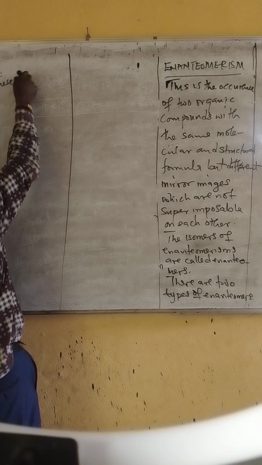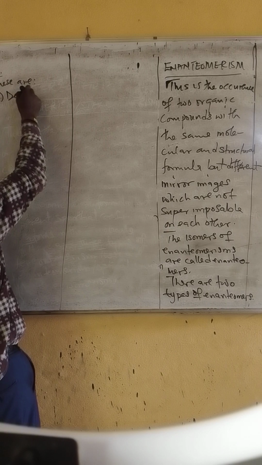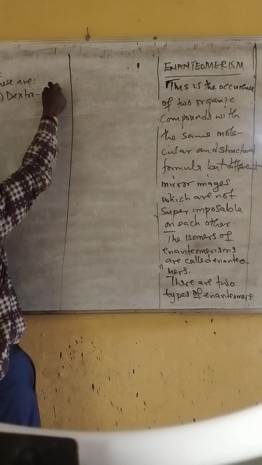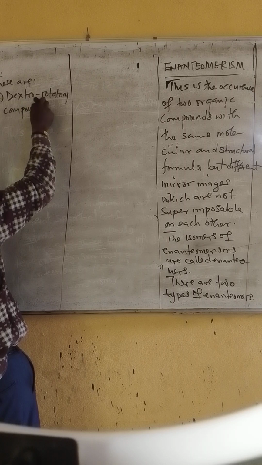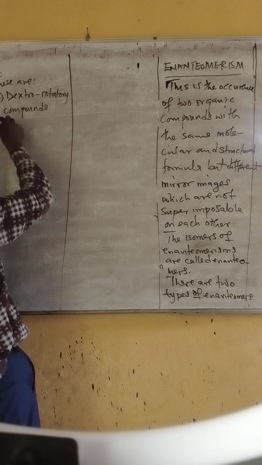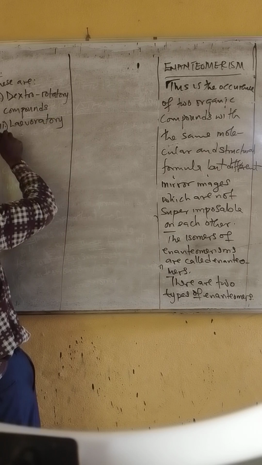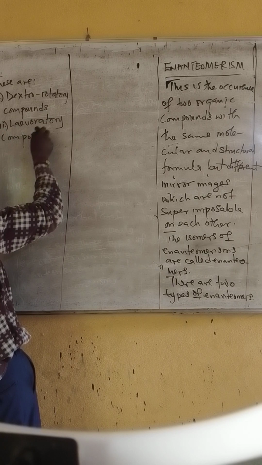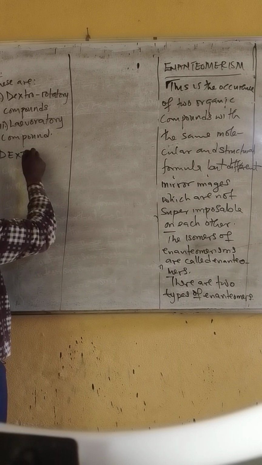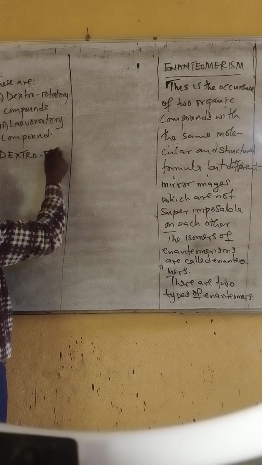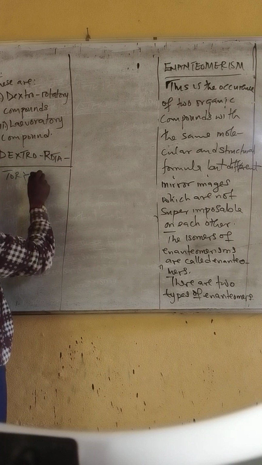These are, number 1, we have dextro-rotatory compound, and then we have livo-rotatory compound. And take the first one, dextro-rotatory compound.